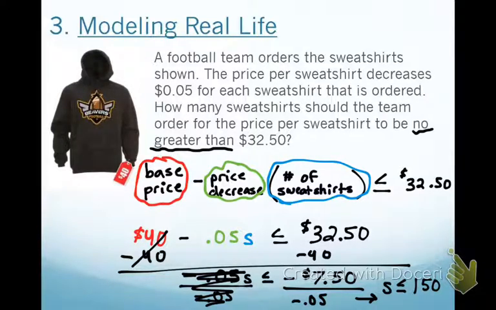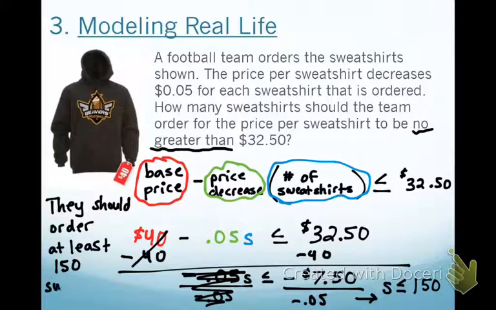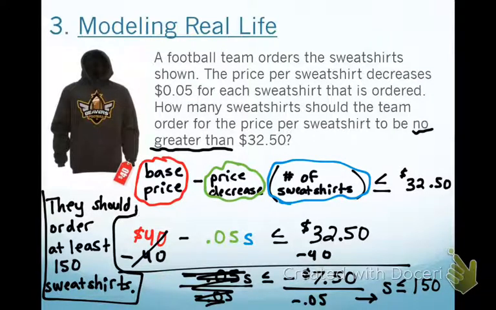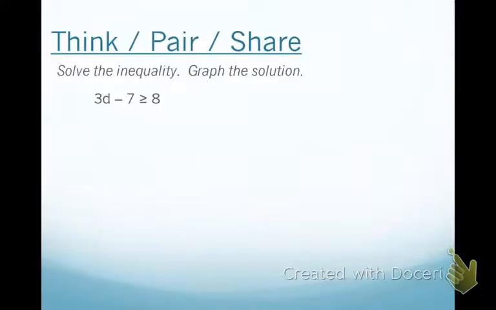This means, write this down, they should order at least, that means the smallest number they can order to get that discount, 150 sweatshirts. I know that's kind of tricky because we ran out of a little room, but they should order at least 150 sweatshirts in order to get that deal.